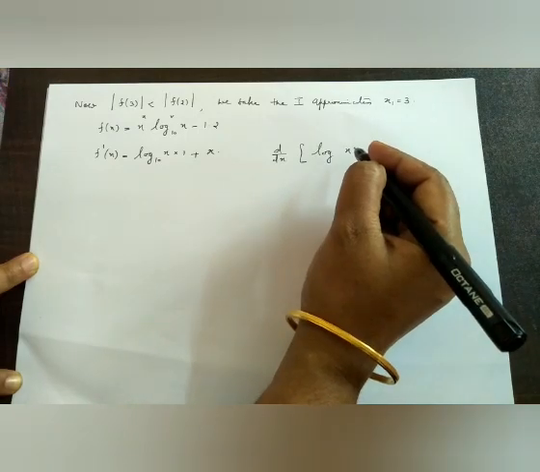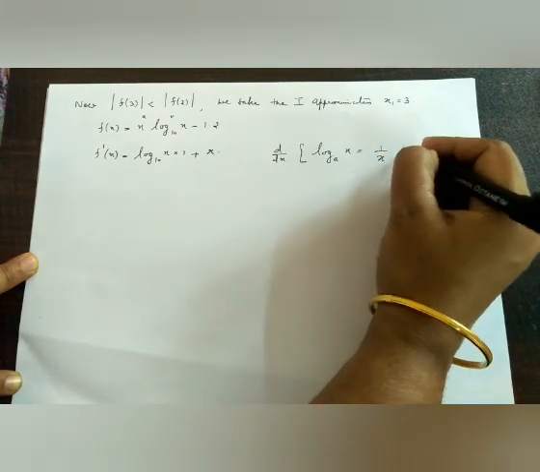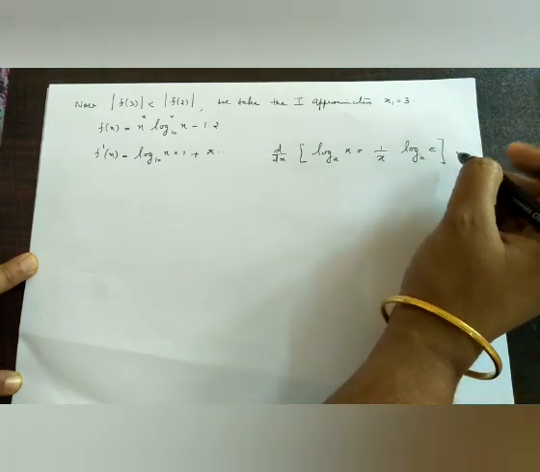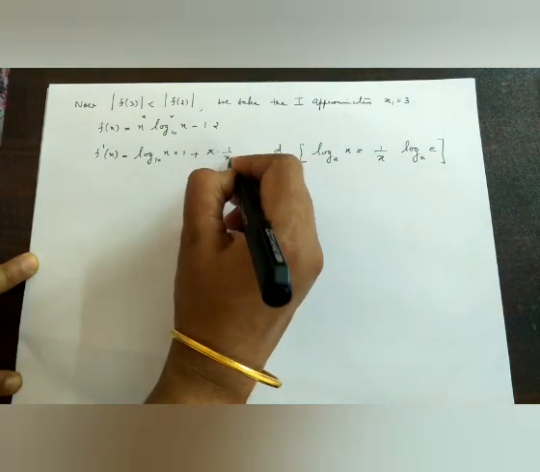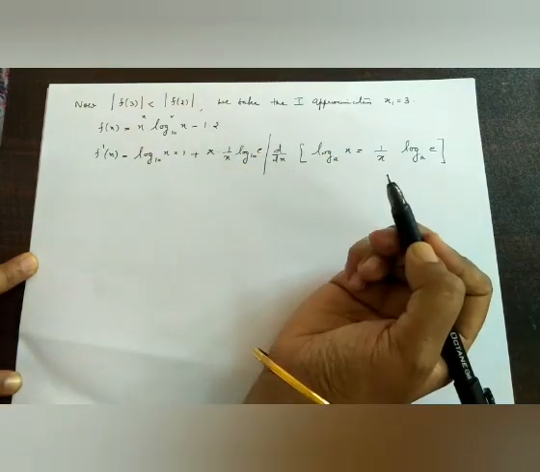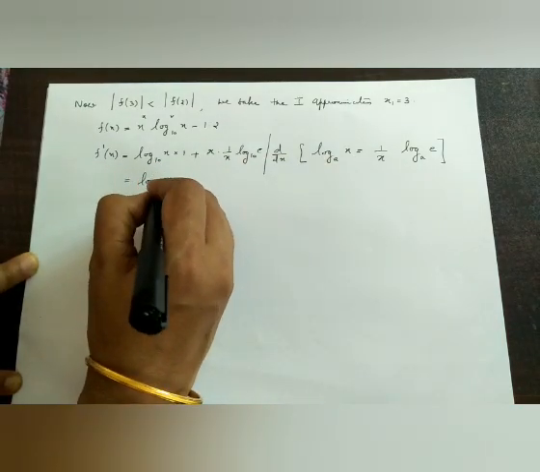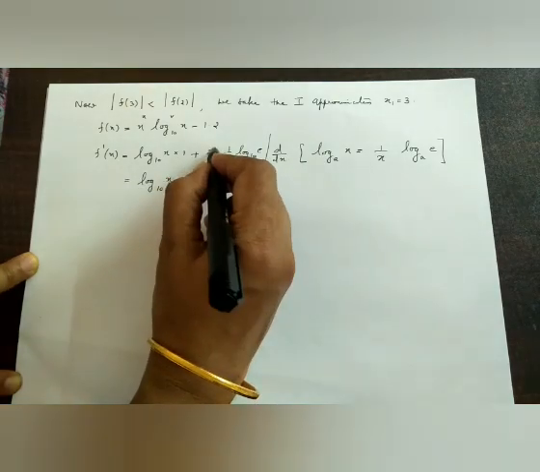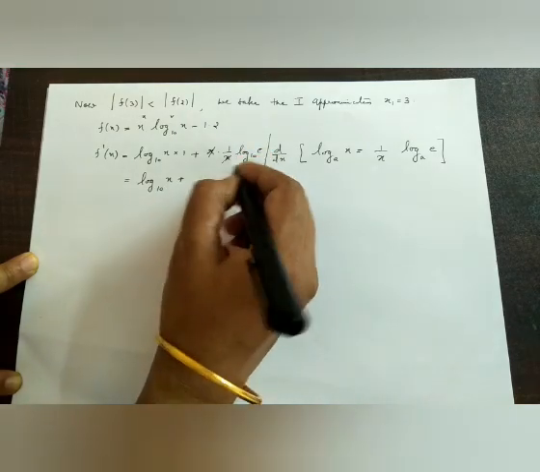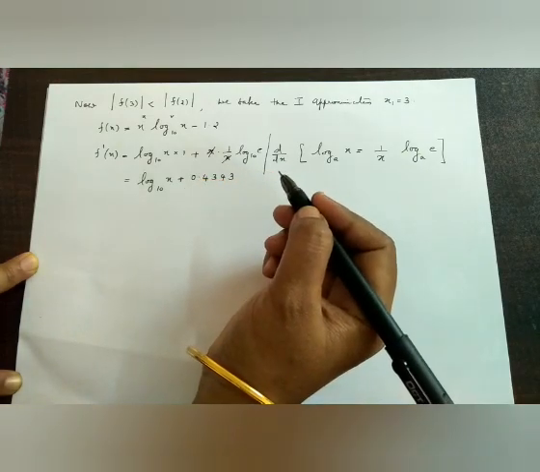Derivative of log x to the base a is 1 by x log e to the base a. By using that formula, we can write it as 1 by x log e to the base 10. Now this is equal to log x to the base 10 plus, x and x cancel, the value of log e to the base 10, which is 0.4343. That also we can calculate using the calculator.